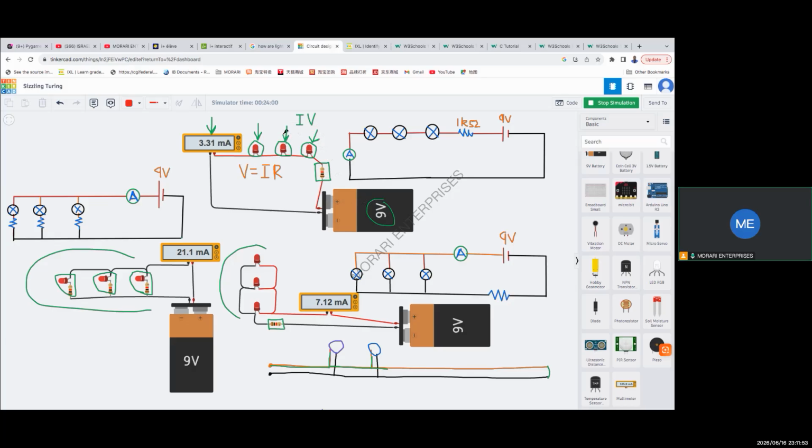We need to resist that high pressure that is pushing electrons around the circuit, so that we get to a level where we have just the right amount of speed of electrons going through the circuit, and this flow of electrons is what we call electricity.